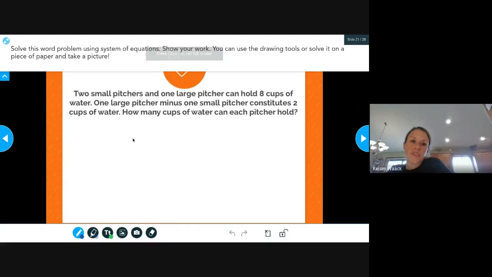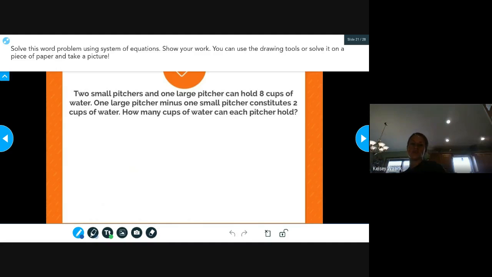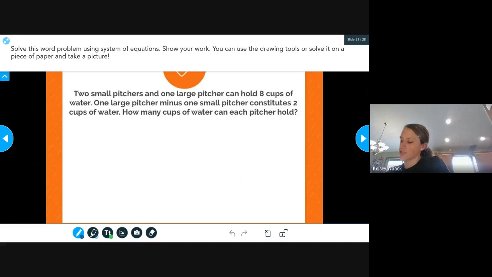Okay. 2 small pitchers and 1 large pitcher can hold 8 cups of water. 1 large pitcher minus 1 small pitcher holds 2 cups of water, right? How many cups of water can each pitcher hold? So let's figure this out. So 2 small pitchers and 1 large pitcher.